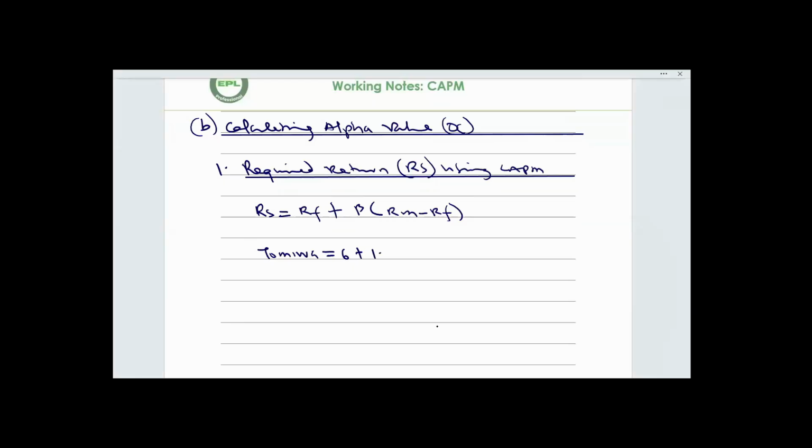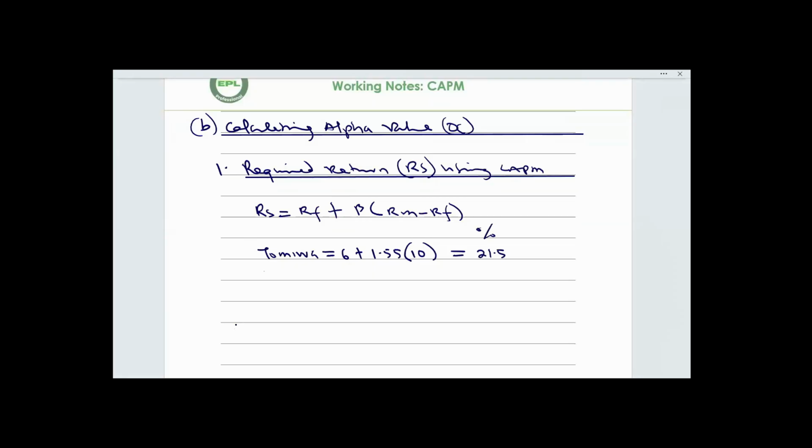The difference between market return and risk-free rate of return is the risk premium, which the examiner has given us as 10. So 1.55 multiplied by 10 is 21.5. Okay, that's 21.5%.